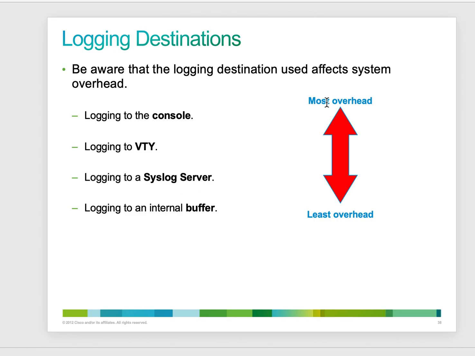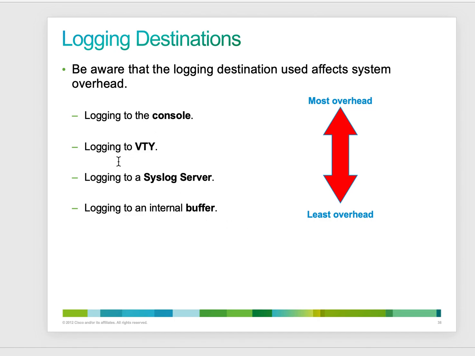Now let's look at logging destination. First of all, we should be aware that the logging destination used affects the system overhead. The type of logging destination that is used affects the overhead. The most overhead is on logging to the console. The least overhead is logging to the internal buffer, the memory.